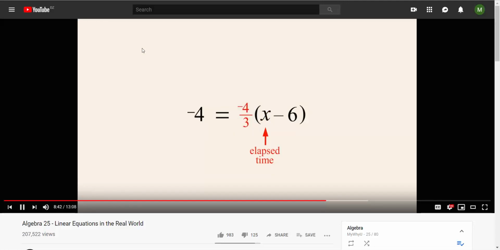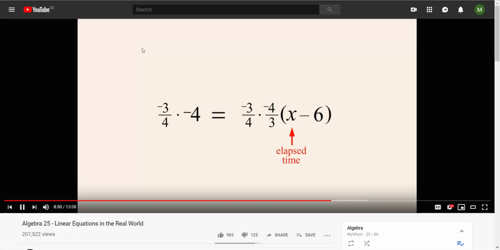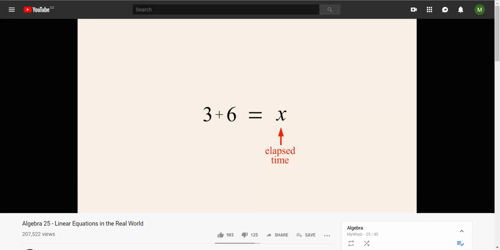By multiplying both sides of the equation by -3/4, we can then write it as 3 plus 6 equals x. Adding 3 and 6, we have 9 equals x, or equivalently, x equals 9. So when y is 0, x is 9.